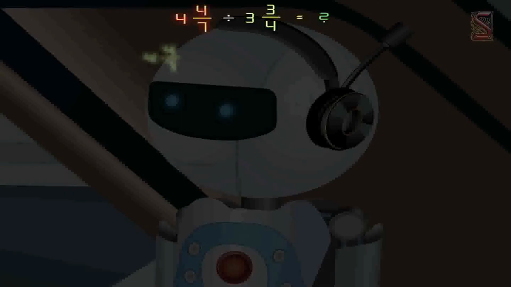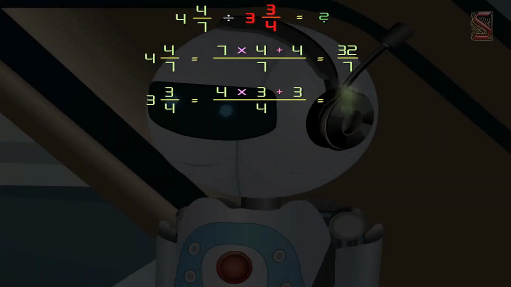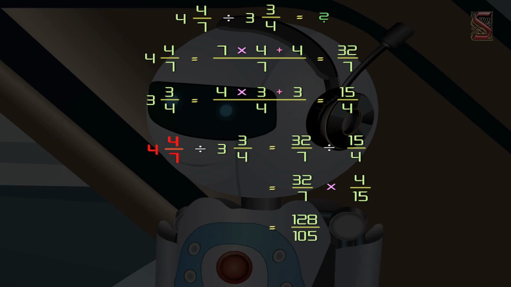Here, 4 by 7 is equal to 32 by 7 and 3 by 4 is equal to 15 by 4. Hence, division of 4 by 7 by 3 by 4 becomes the division of 32 by 7 by 15 by 4, which is equal to 32 by 7 multiplied by 4 by 15, which gives us 128 by 105.